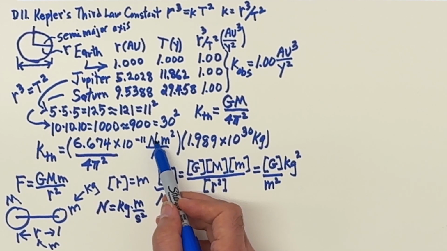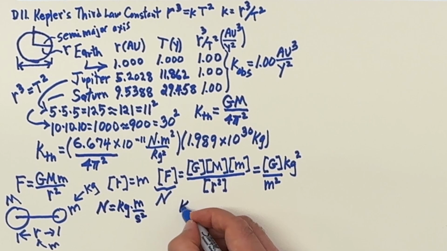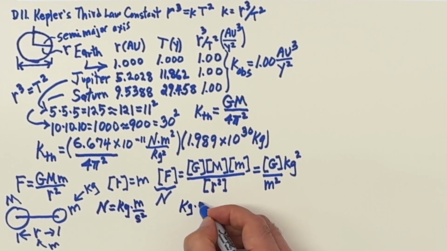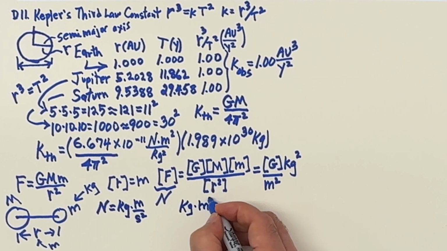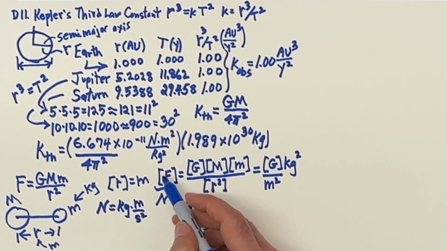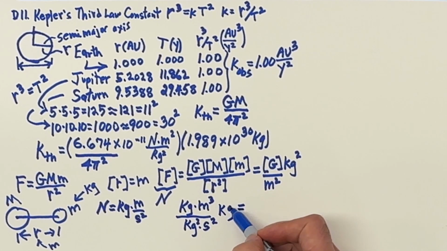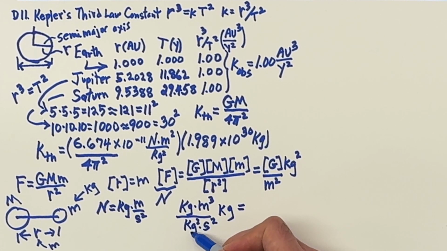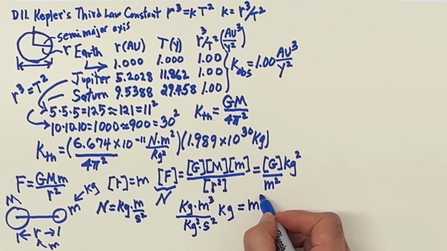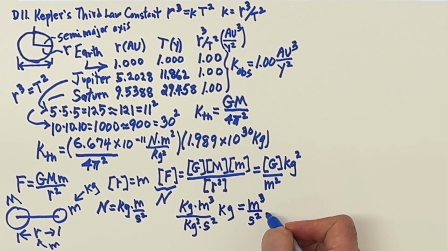Now when I plug this in to there, I'm going to have kilogram times meter cubed, and this is going to be divided by kilogram squared and second squared, and then I have a kilogram coming from that one over here. Kilogram and kilogram going to cancel a kilogram squared, and I'm going to be left with a length cubed over a time measurement squared, which is what we need.